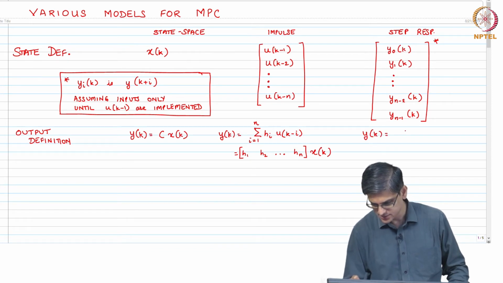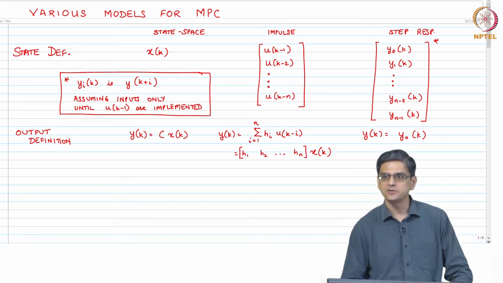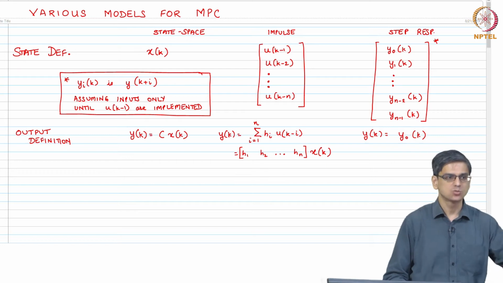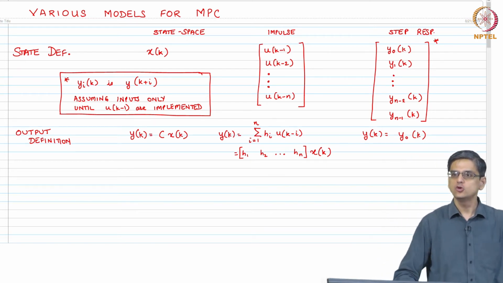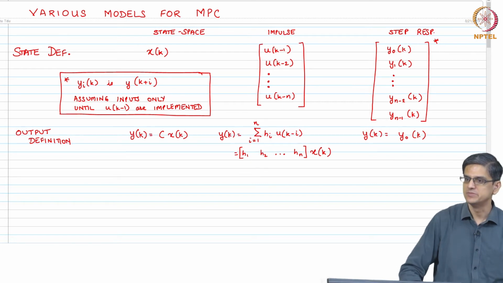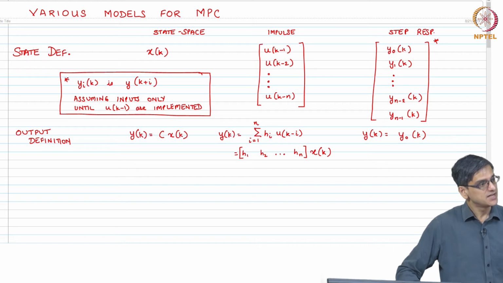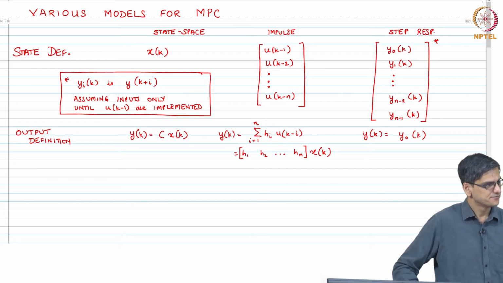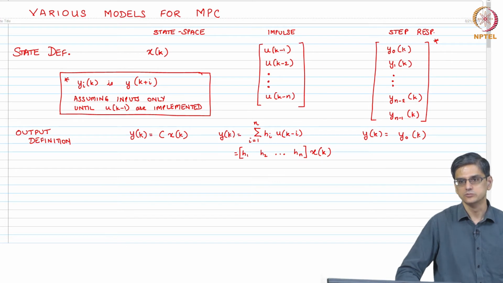In this case, yk is nothing but, as I had said earlier, y0k. What does y0k mean? It means yk assuming inputs up to uk minus 1 have been implemented. Input uk does not affect yk. That is the assumption that we have made from the first day of week 2.